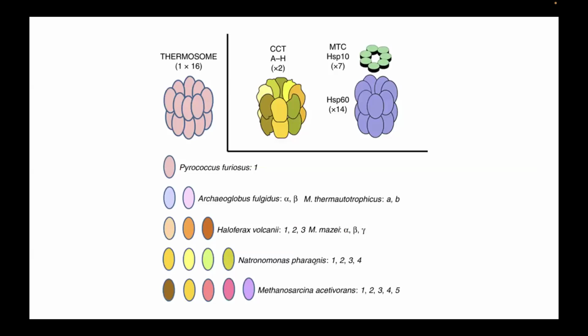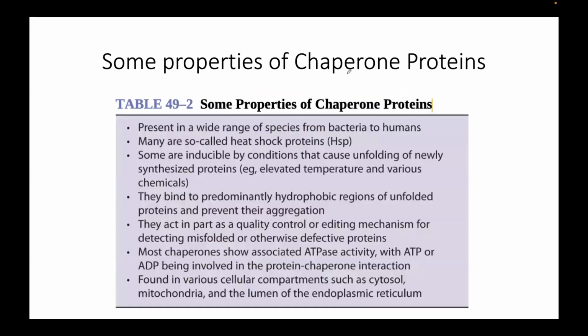So here are just some illustrations. So here's the HSP 60. If you look at the structure, they actually look like they are barrel shaped. These are chaperonines. Now here's a table in your textbook.